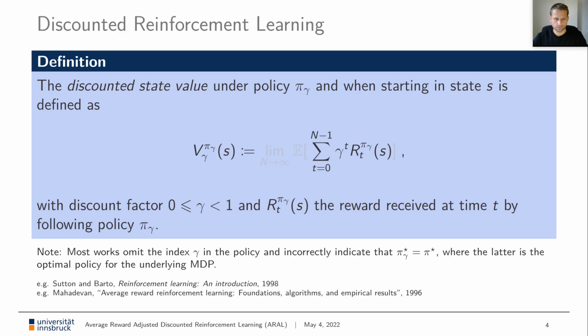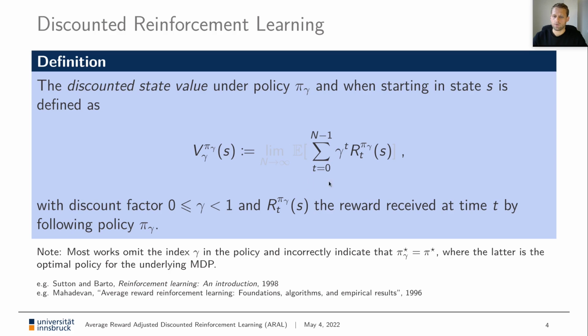And as we all know, the discounted state value for a state S under discount factor gamma and for a given policy pi is defined as the sum of the discounted future rewards, where we write gamma for the discount factor and R_t as the reward received at time t when following policy pi and starting in state S.